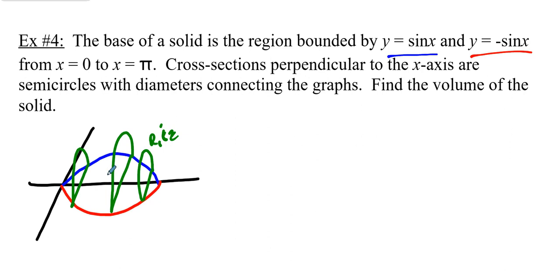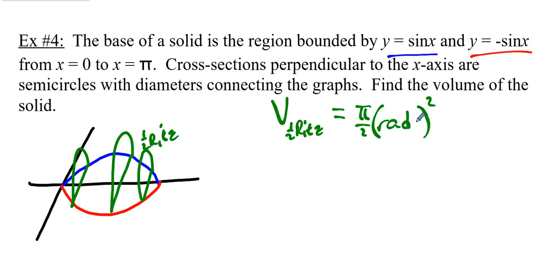So we get this Ritz loaf. It's got a flat side on the table, and it's of varying heights coming off the table depending on what this is. So what's the volume of half a Ritz cracker? The area of half a Ritz cracker is pi over 2 radius squared, right?